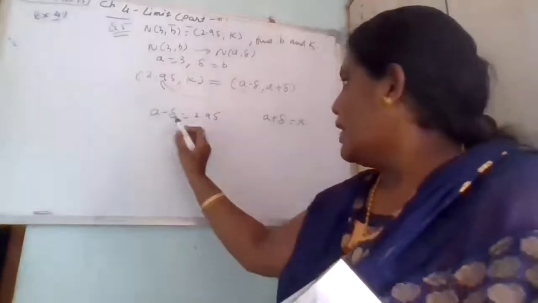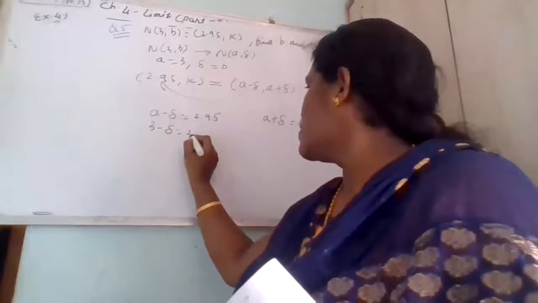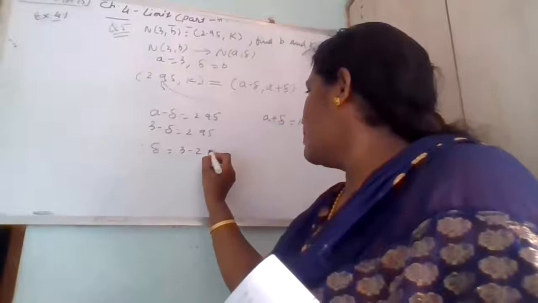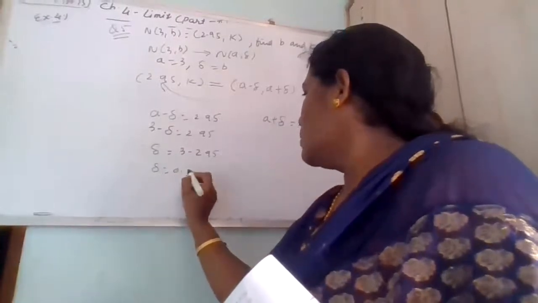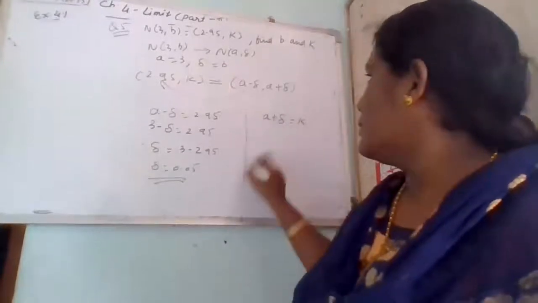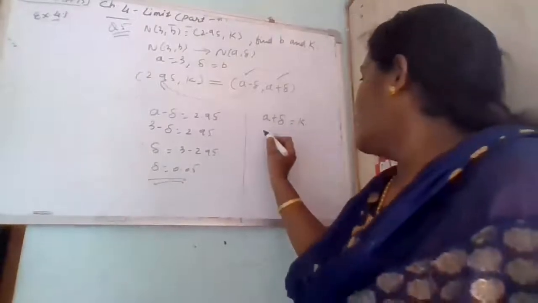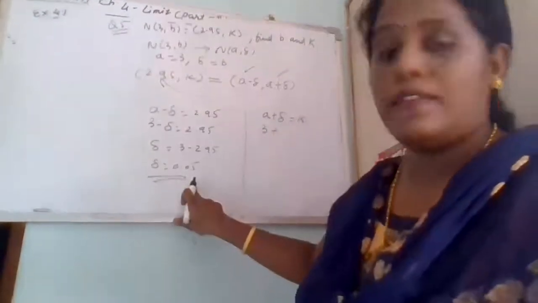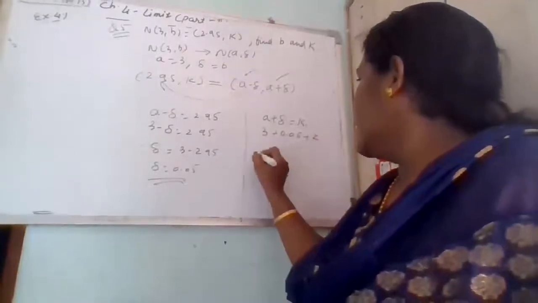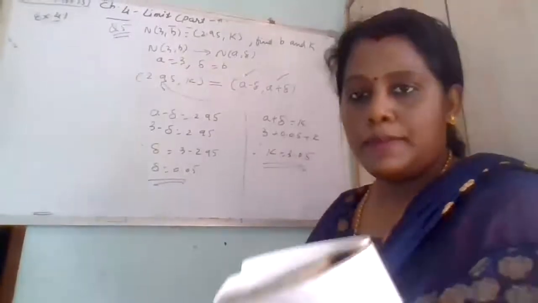The value of a is 3, so 3 minus delta is 2.95. Therefore delta equals 3 minus 2.95, that comes to 0.05, right? Now we have to find k. Now a is 3 and the value of delta we got is 0.05, so a plus delta is 3.05. Understood?